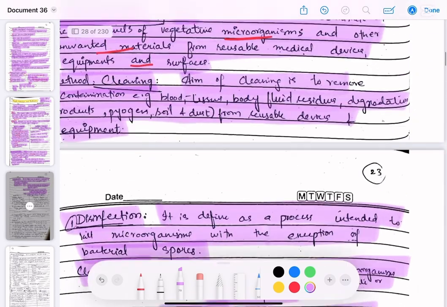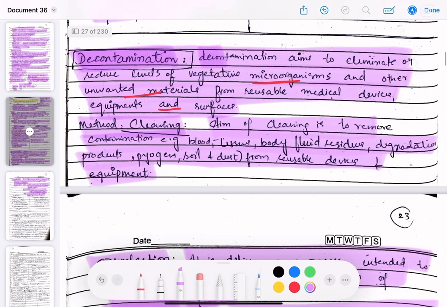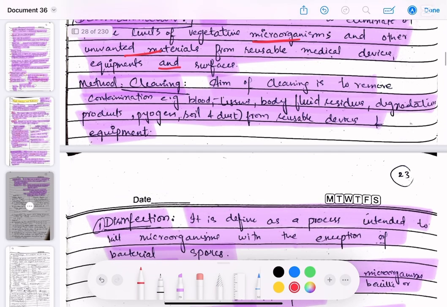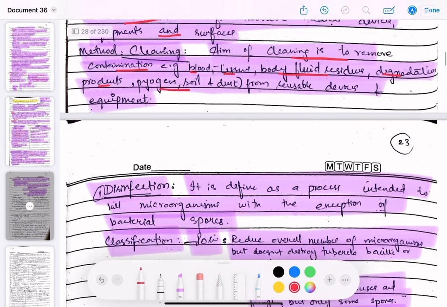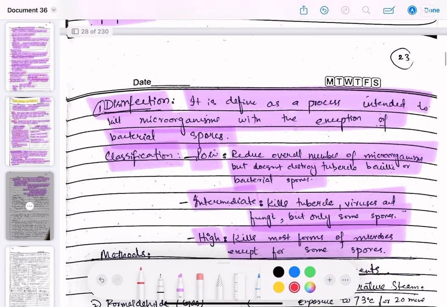Decontamination aims to eliminate or reduce levels of vegetative microorganisms and other unwanted materials from reusable medical devices, equipment and surfaces. The methods are cleaning and disinfection. In cleaning, the aim is to remove contamination such as blood, tissues, body fluid, residues, degradation products, pyrogens, soils and dust. Disinfection is a process intended to kill microorganisms with the exception of bacterial spores.